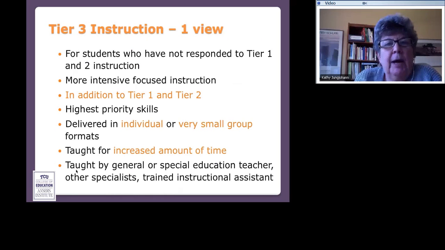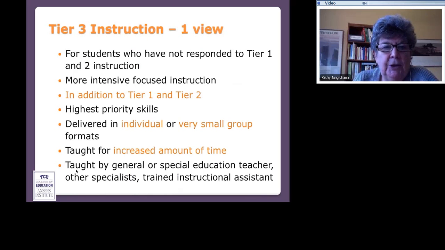So, in describing Tier 3, I'm going to offer two views of Tier 3. One is for students who have not responded to Tier 1 and Tier 2. These students may need more intensive, focused instruction in addition to what they receive in Tier 1 and 2.